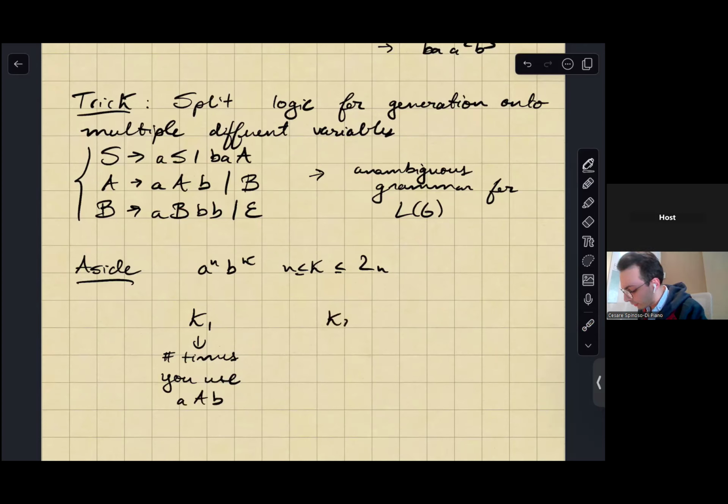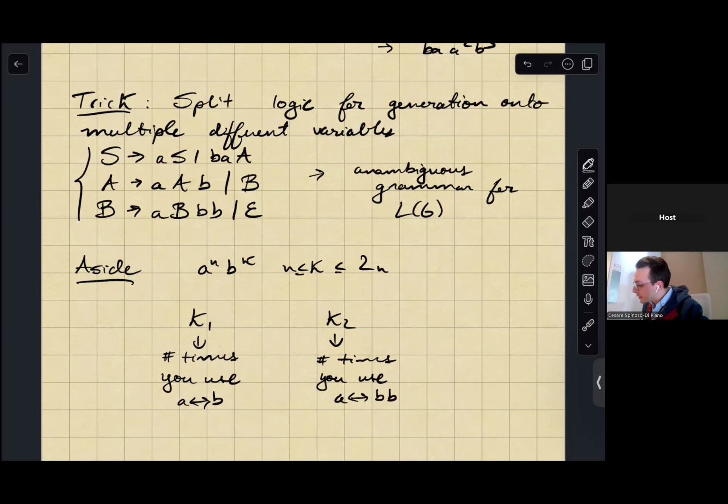And K2 is the number of times you use this other production rule, so 1A for two B's.